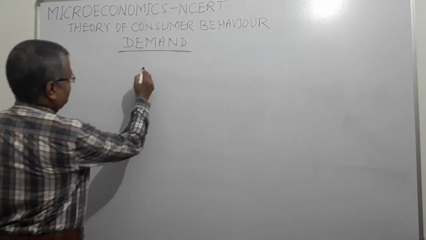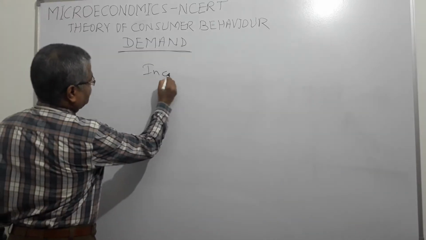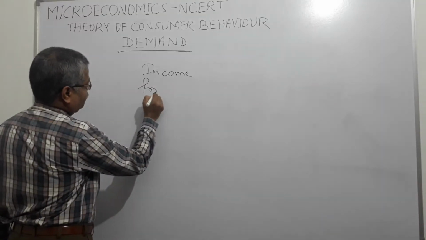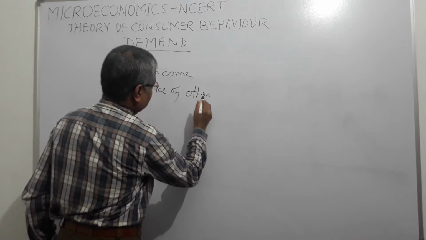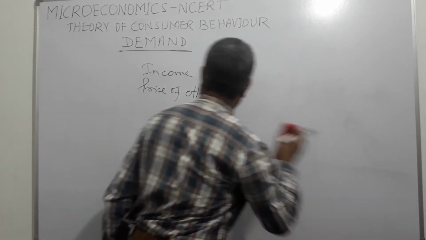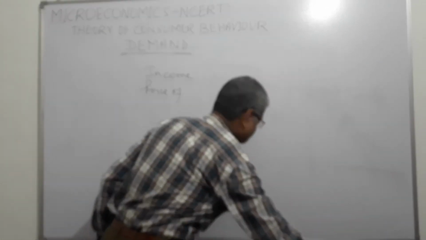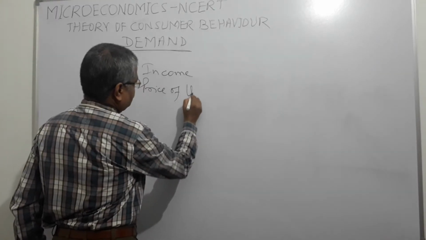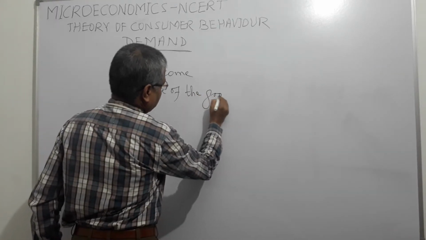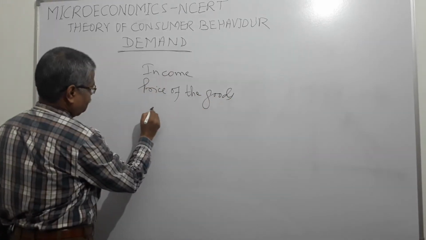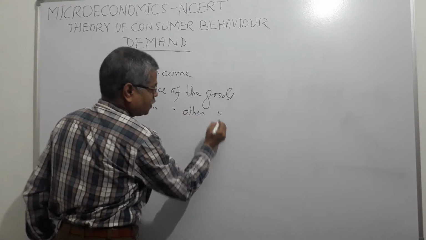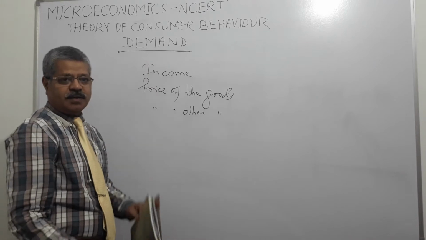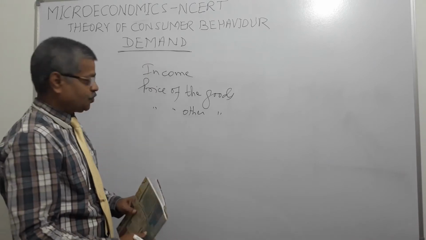Demand gets determined based on the consumer's income, the price of the goods in question, and the price of other goods. Other goods means complementary and substitute goods, right?